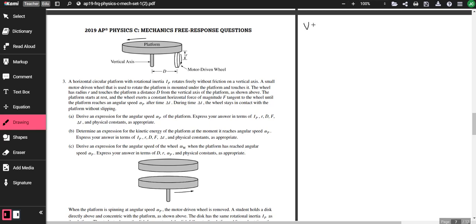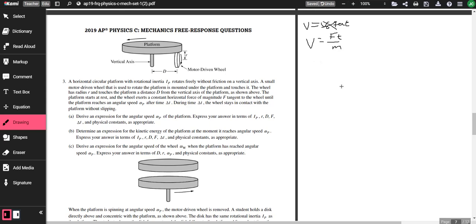Normally, to find the final speed, it would be final equals the initial velocity plus at. In this case, the initial velocity is 0. We would use force to find the acceleration, so we can use F net equals ma and say that this is just force times time over mass. And that would be my answer.